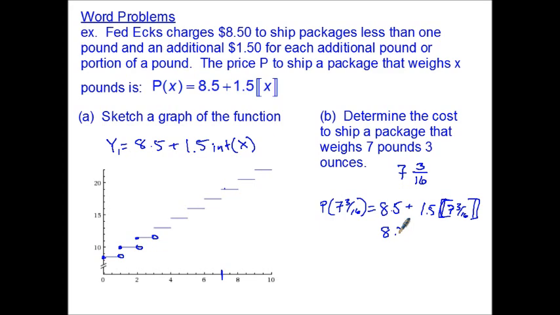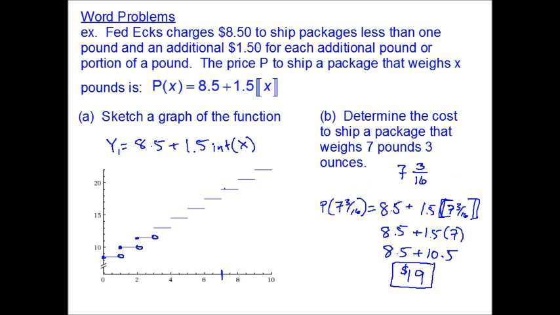So 8.5 plus 1.5 times 7. Everybody knows that 15 times 7 is 105, so this is really 10.5. Hopefully this plays out the way it looks on the graph. The 8.5 and the 10.5 works out to be 19. So if I want to ship something that's a little bit more than 7 pounds, it's going to cost me 19 bucks through my fictitious FedEx company.